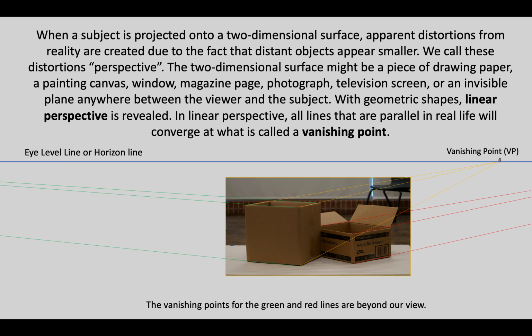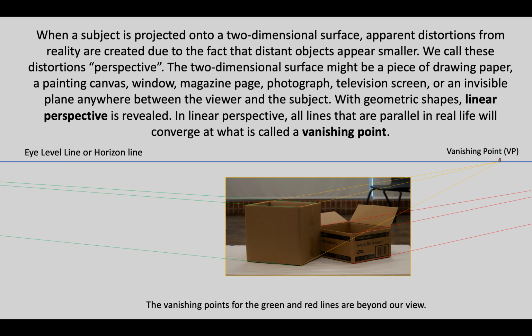projected. Well, we call these distortions perspective, and linear perspective shows up in particular when we're working with geometric shapes. What we're wanting to find is the vanishing points of the geometric shapes. Vanishing points are where parallel lines converge.